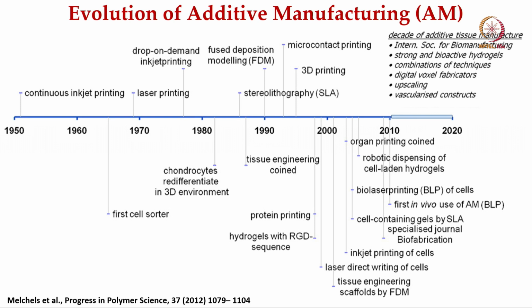So, you will agree with me that the last 7 or 8 decades have indeed witnessed significant progress in the field, from the modest beginning of continuous inkjet printing to what we see in today's world, where additive manufacturing or biofabrication has been continuously revolutionizing this field.